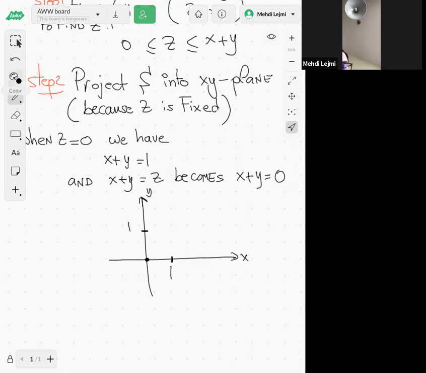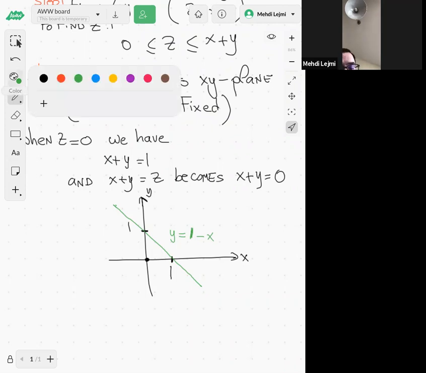You have this line here. All right, so this is y equals to 1 minus x. And then we have x plus y equals to 0, so y is equal to minus x. And we'll also have x equal to 0 and y equals to 0, right?